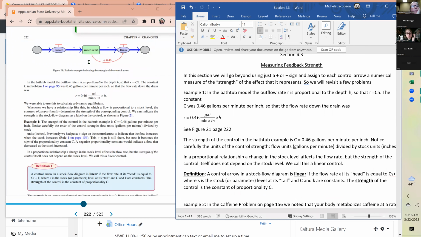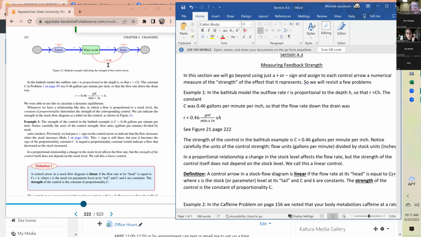And here's the bathtub one. Remember the faucet, put the water in, and then the water, this is our stock, and then it went down the drain. And the more water or the higher the tub, the faster it went down the drain. So more water in the tub increased the flow into the drain.